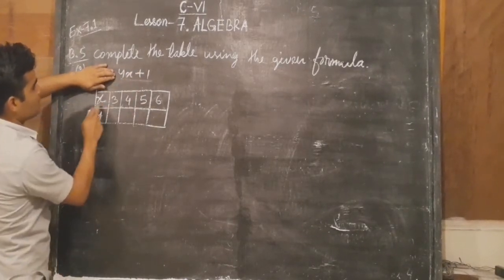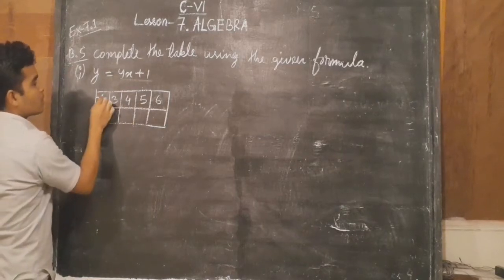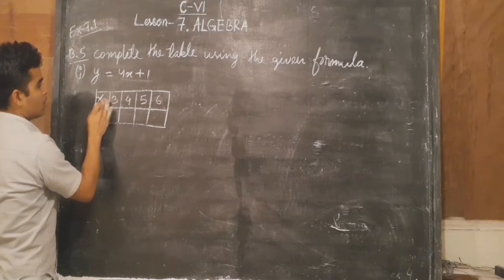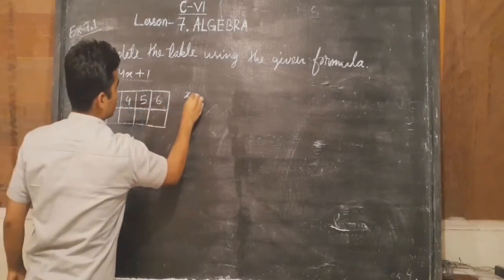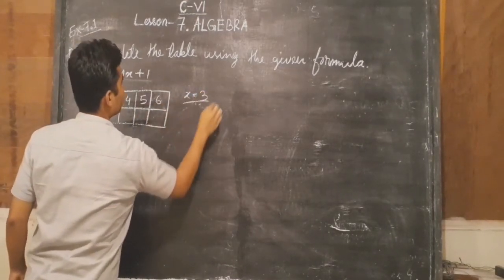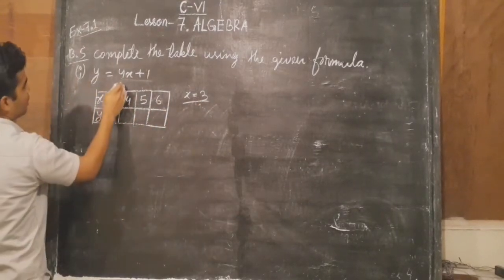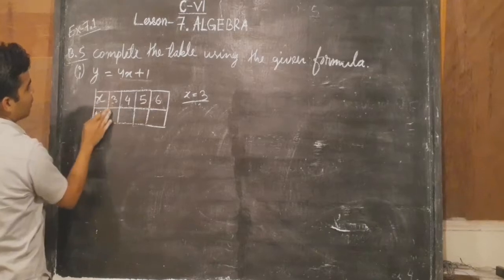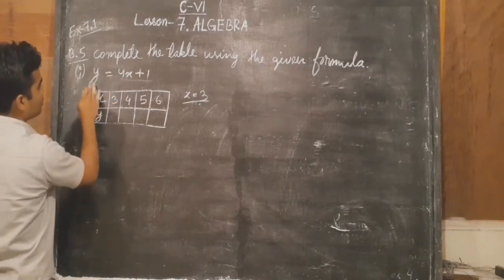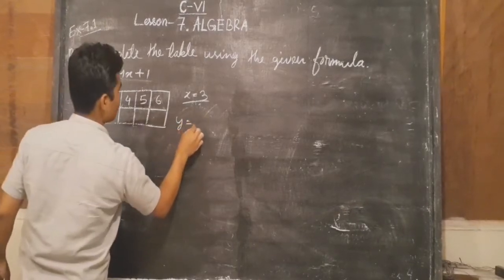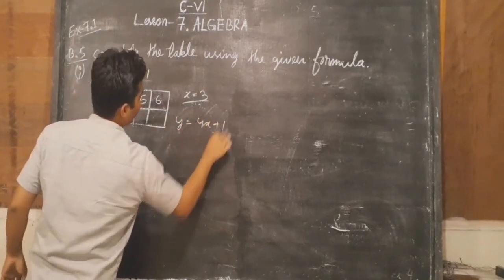You see in this table, these are all the values of x. The first value of x is 3. So if the value of x is 3, then I will see what the value of y will be. I will use x equal to 3 in this formula. y is equal to 4x plus 1.